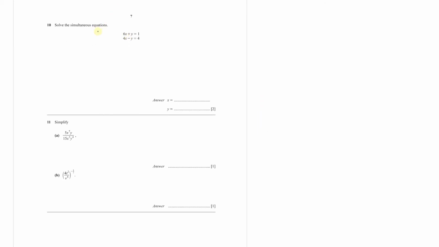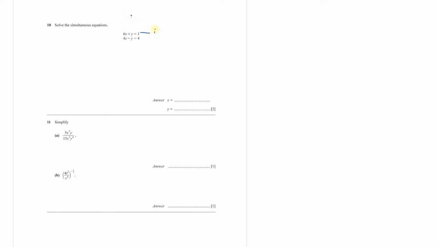So solve these simultaneous equations. You have 6x plus y equals 1 and 4x minus y equals 4. So looking at these equations, you can see the sign for y is different. So we can use the elimination method.